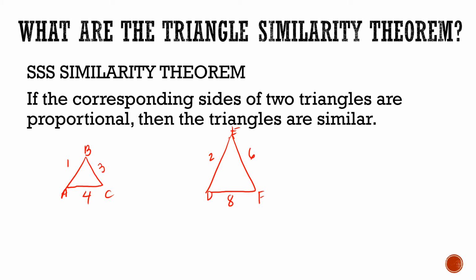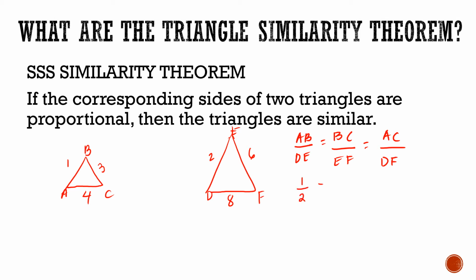Now we all know that the ratios of the lengths of the corresponding sides of the given triangles should be proportional. So we can say that AB over DE is equal to BC over EF is equal to AC over DF.